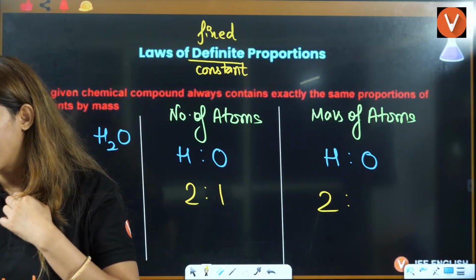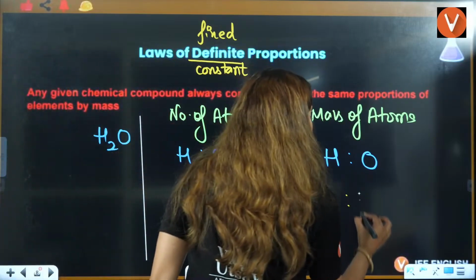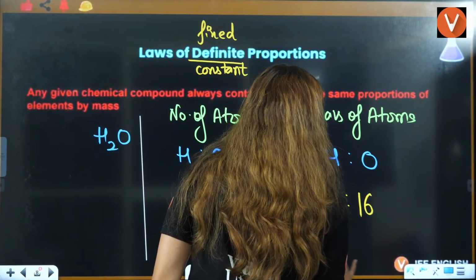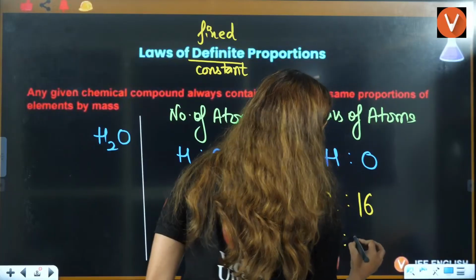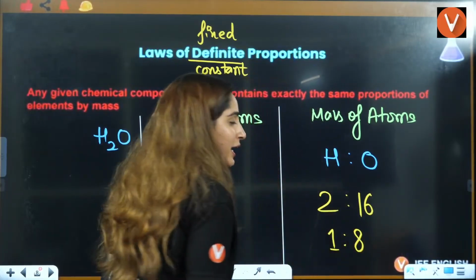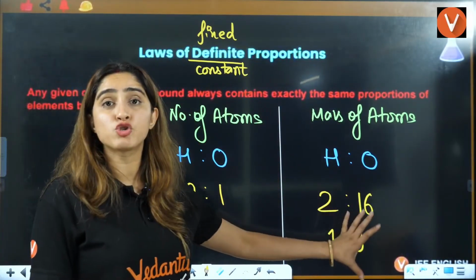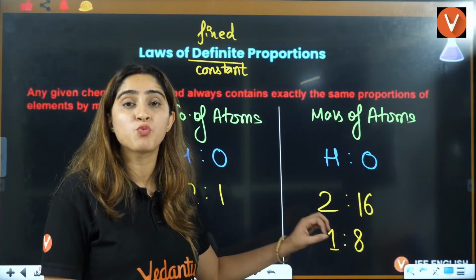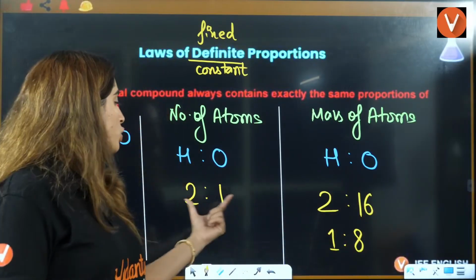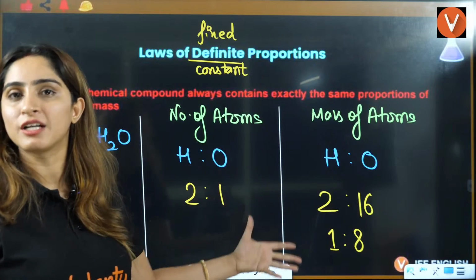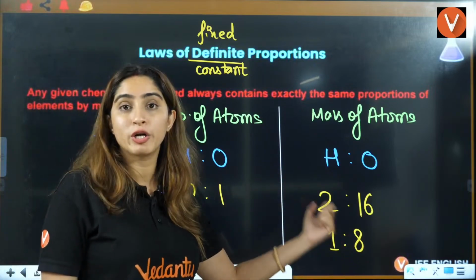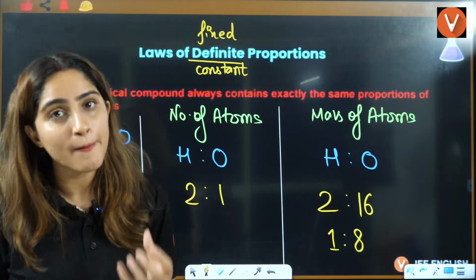Yes, very good. 2:16, and if you divide it by 2, that will become 1:8. So this is the ratio by mass. Whenever we call this 1:8, this is by mass. 2:1 is the ratio by atoms.